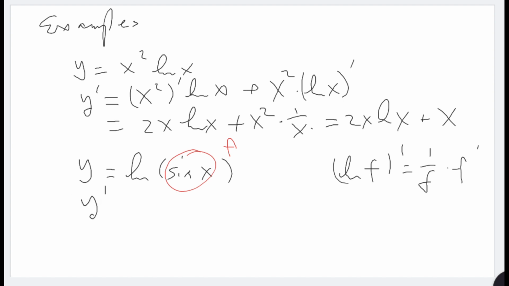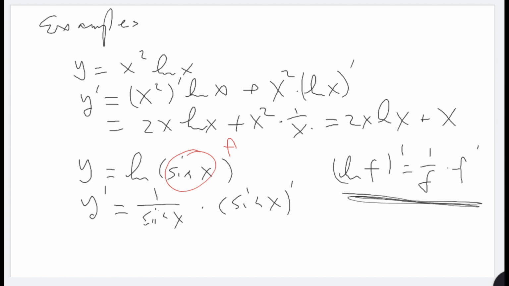So pretty straightforward, like I said. So y prime equal to, so again let's set up the formula. According to the formula, it's going to be 1 over sine, as sine is like f, times sine prime. This is just to show that we are applying the logarithmic rule here clearly.